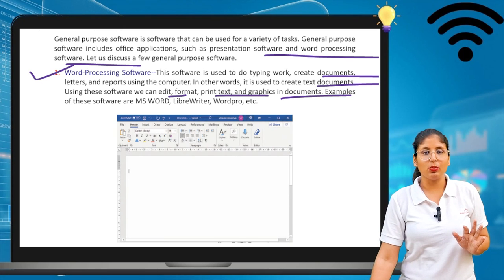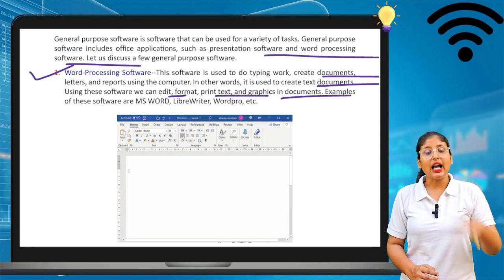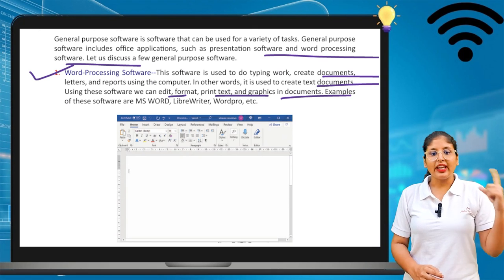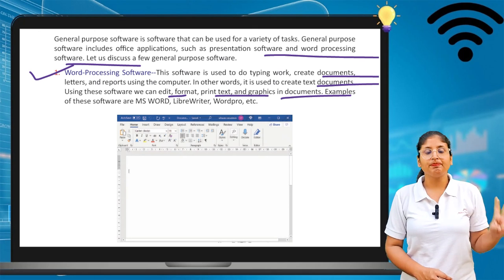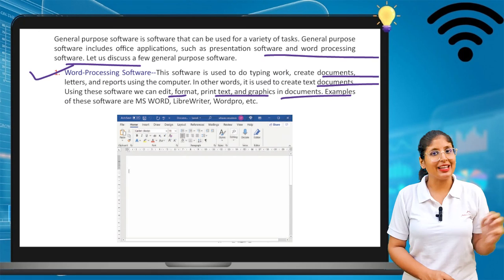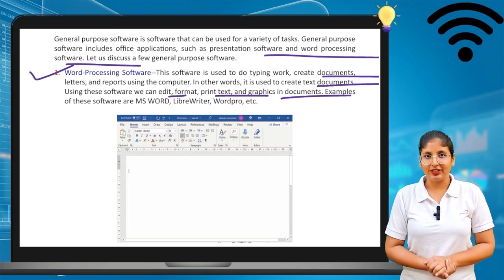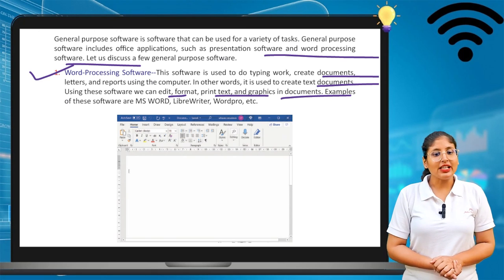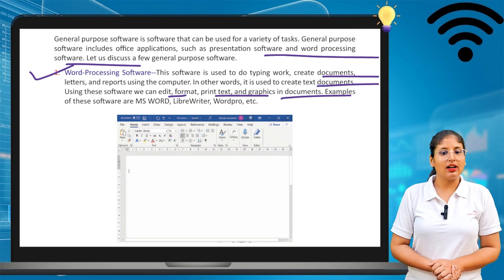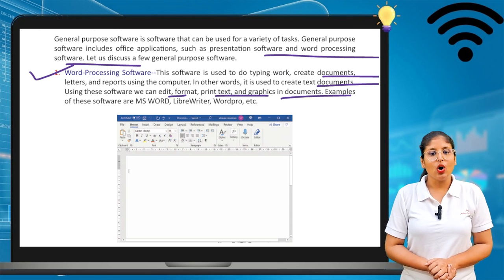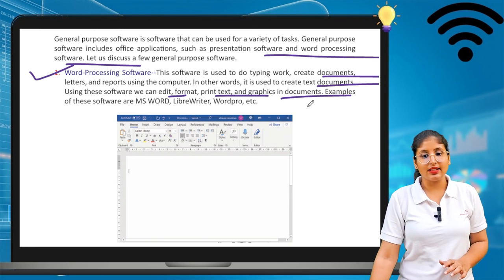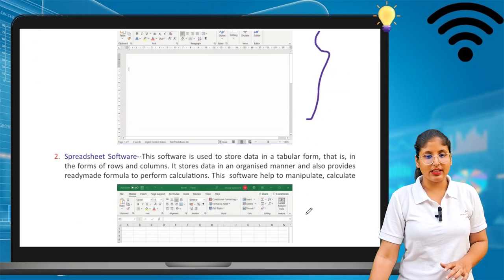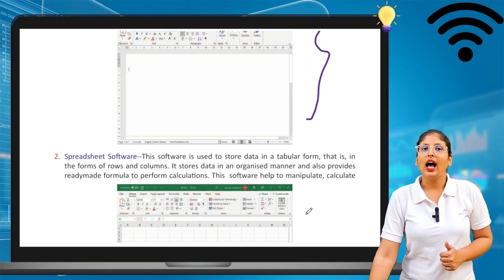Help of MS Word, we can type, and we can also edit, format, and print text. All these things we can do in word processing. Examples of this software are MS Word, LibreOffice Writer, and WordPro, etc.